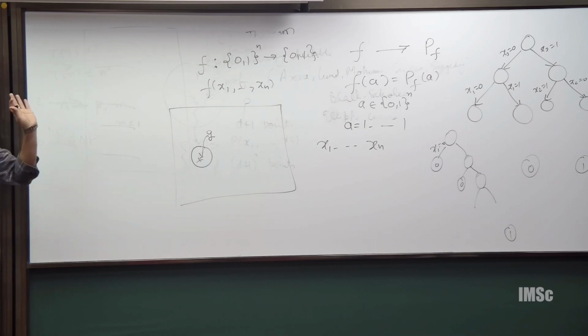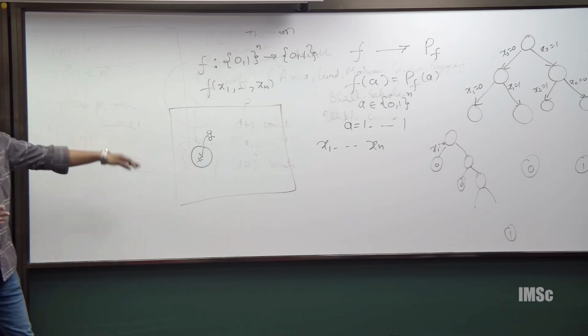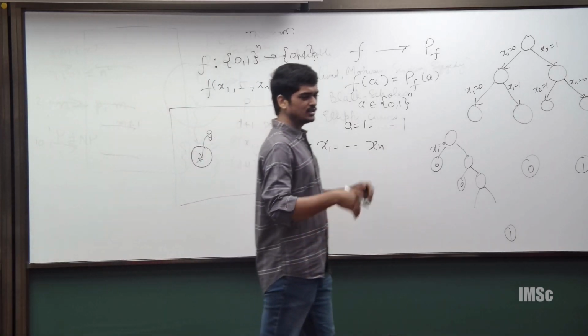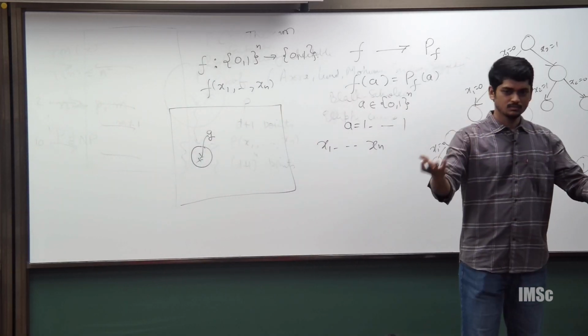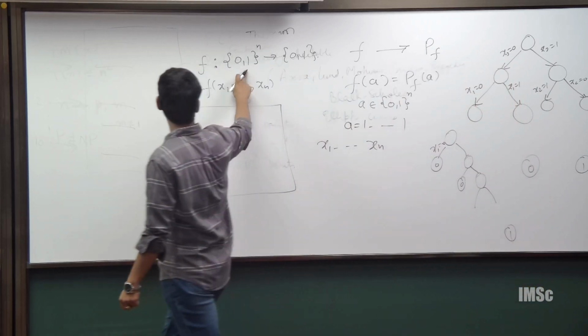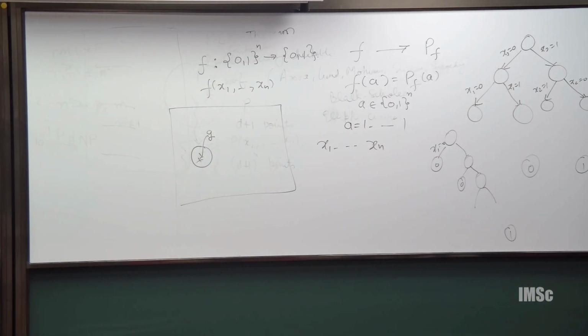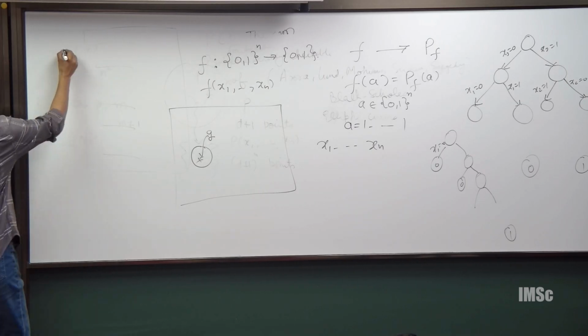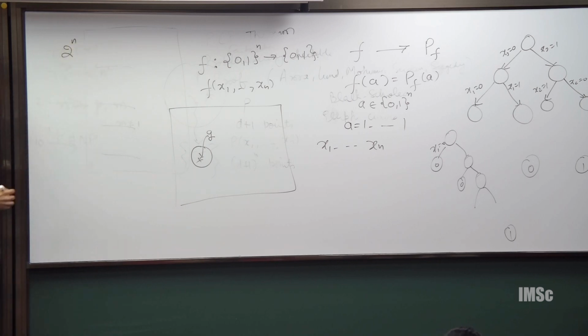So one thing we are going to allow is, you do not have to be correct on all points, just be correct on most points. So how many points do we have here? Can you count? 2 to the n. So I will say just be correct on all except a small fraction.